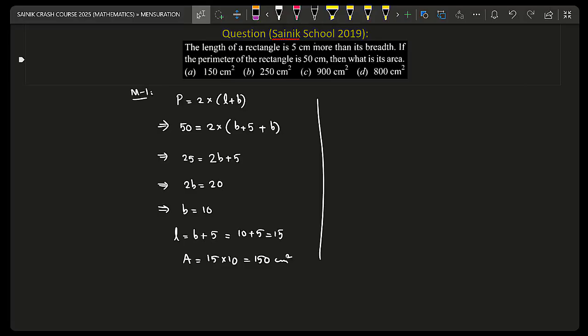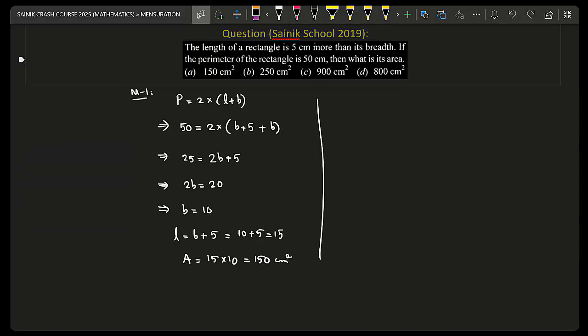Okay. Vishnu, can you say in any other method? Sir, I have a method. Okay, tell me. Sir, because the perimeter is 50 centimeters, the sum of the length and breadth is 25 centimeters. Very good, very good. Next.